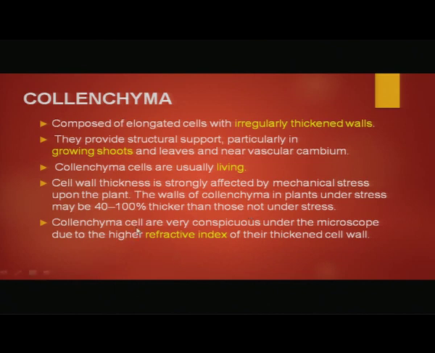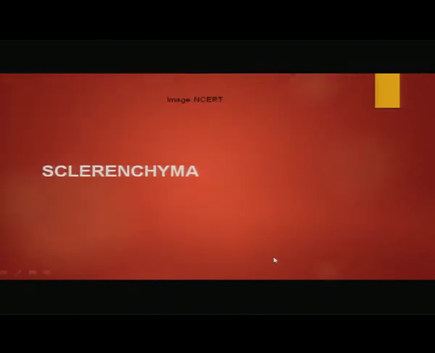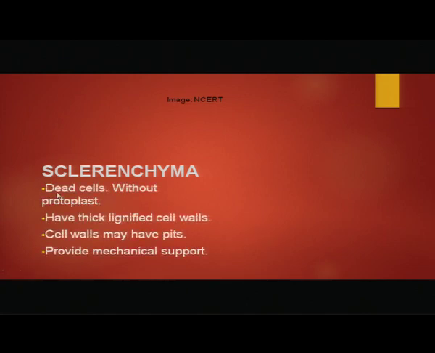Also, collenchyma cells can be very conspicuous under the microscope because they have a high refractive index because of their thickened cell walls. The next permanent tissue is sclerenchyma, and these tissues have dead cells and they do not have protoplast.